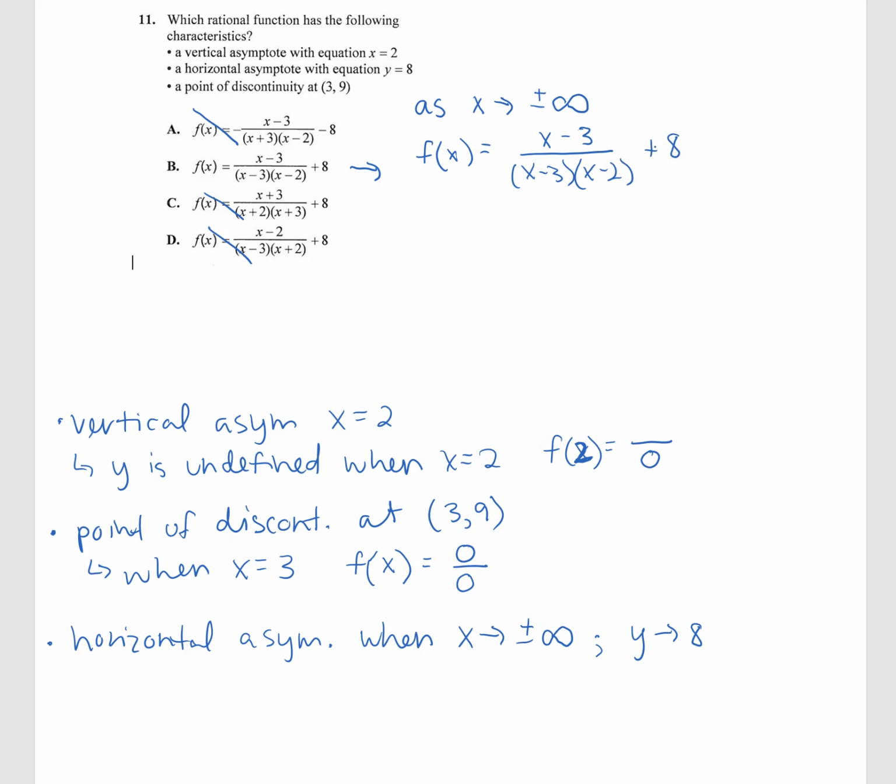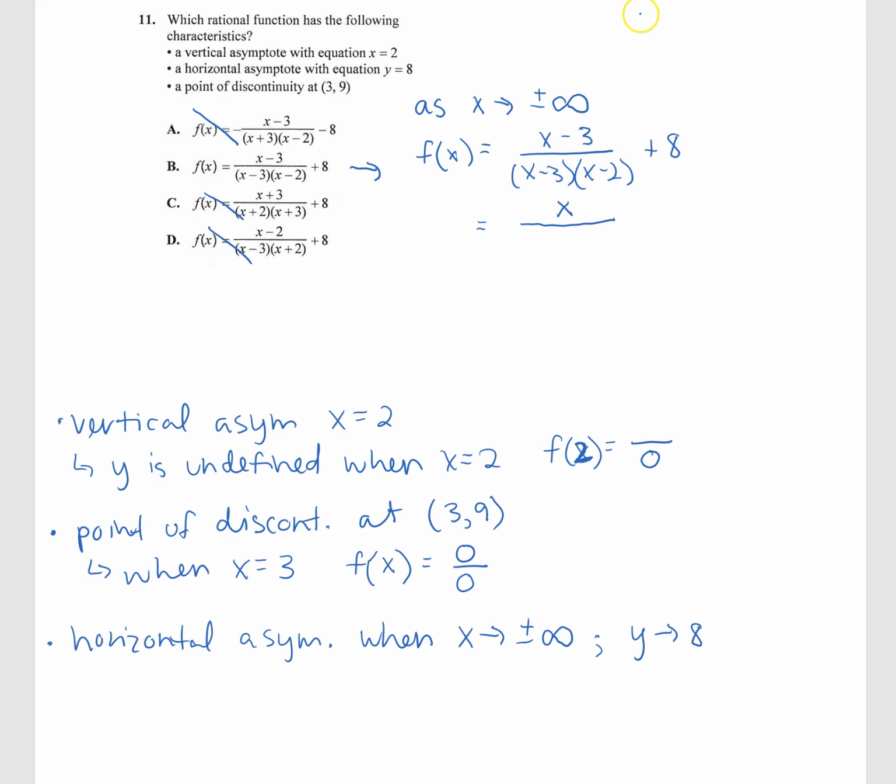As x starts getting really, really big, this minus 3 doesn't really matter anymore. So this expression on the top as x approaches infinity basically just becomes x. On the bottom here, what I'm actually going to do first is multiply this out. It'll make it a little bit easier to look at.